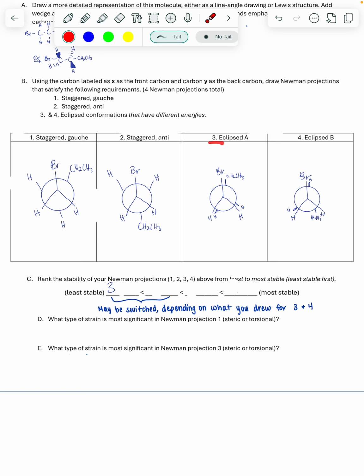So if we already labeled 3 as the least stable, we know that 4 has to be after that. Then staggered anti versus staggered gauche: anti is always the most stable because the biggest groups are the farthest away from each other, so they have the most room. So we know that 2 is the most stable, and that makes 1 right there.